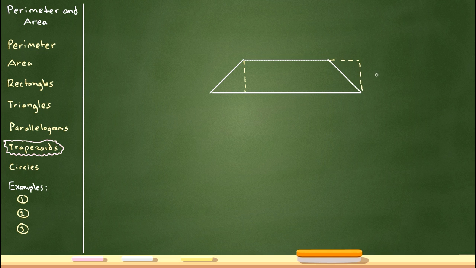That's one way, because what we then have is a rectangle, and we know how to find the area of a rectangle.